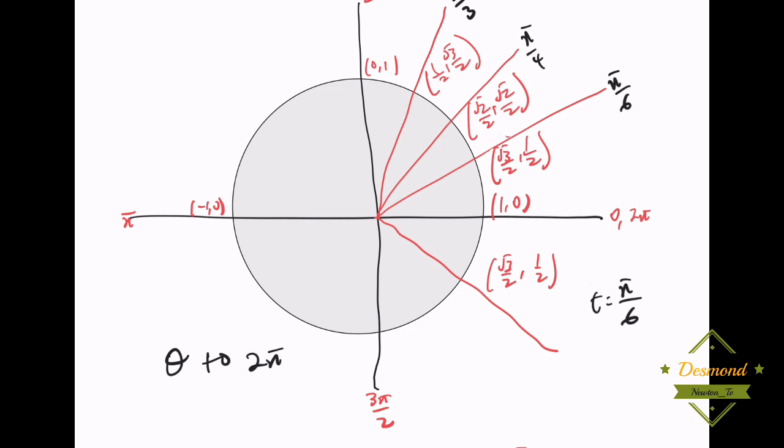To find this angle, we use the little geometry that we learned in our previous video. The angle in the first quadrant, which is a positive quadrant, makes an angle of pi on 6 with the positive x-axis.